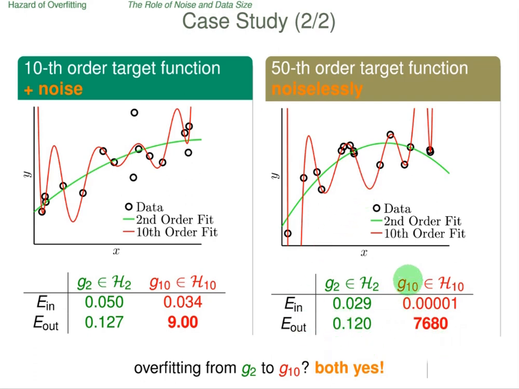Look, in this case also we have an overfitting problem. So the 10th order is overfitting. In-sample is very different from out-of-sample. The difference is huge. This is clearly another case of overfitting, because the target function actually does have noise, but this is not the usual kind of noise as in this case.